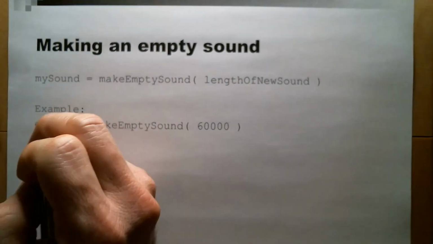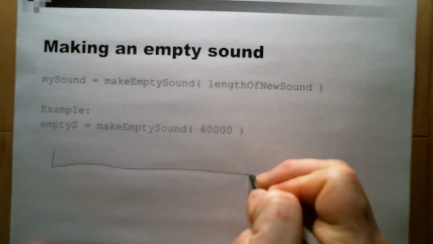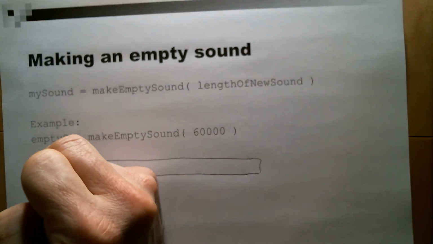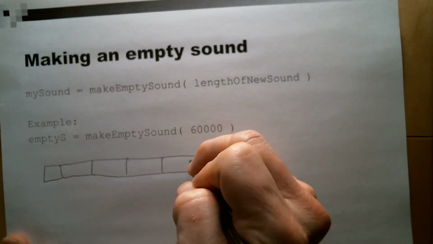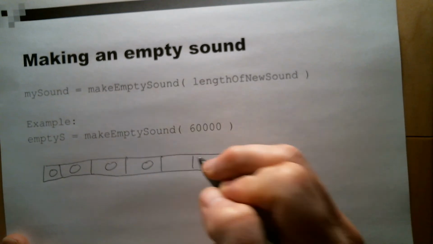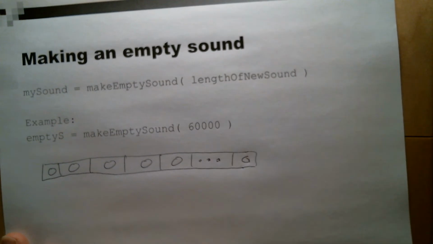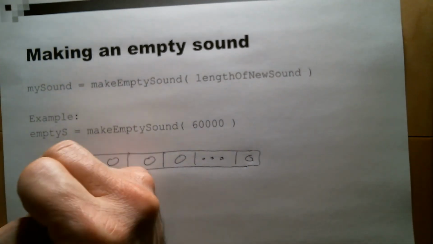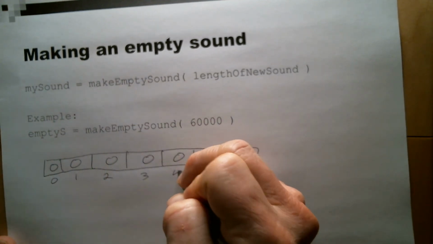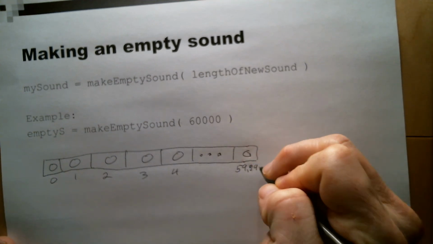All right, and then that would basically just create a big long list of numbers that are all going to have zeros in them, right? Because it's an empty blank sound all the way to the very end, which is zeros. And again, the first index is going to be index 0, and then 1, 2, 3, 4, all the way up to 59,999.